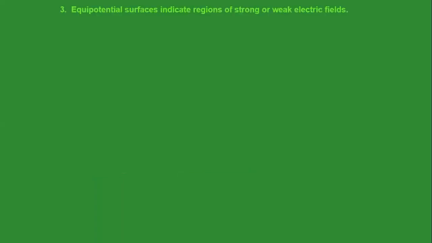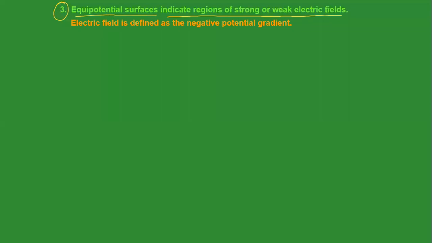Now the third property. Equipotential surfaces indicate regions of strong or weak electric field. Electric field is defined as the negative potential gradient.